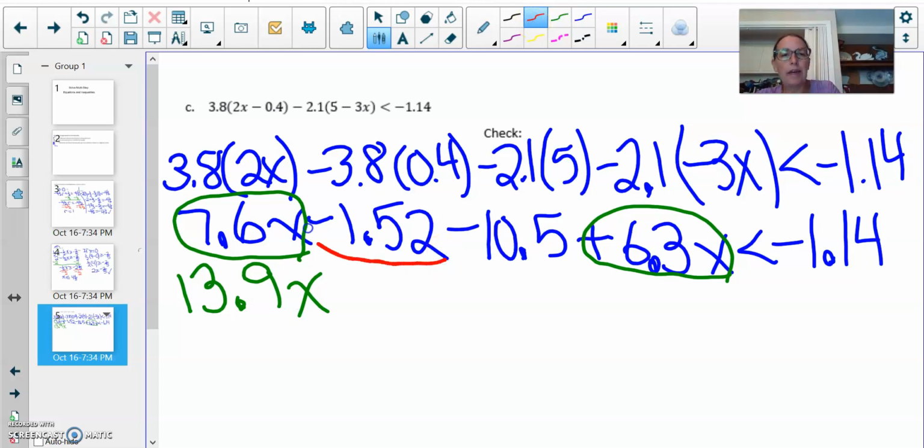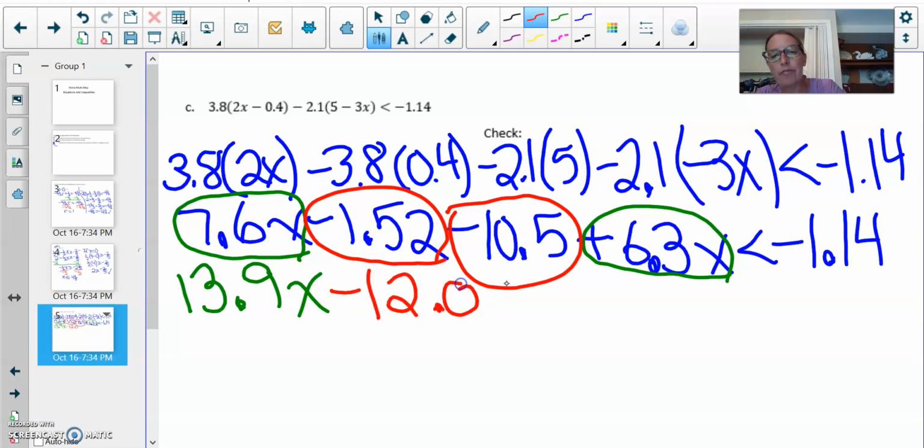We can also put together negative 1 52/100 minus 10 5/10. When I put those together, I get minus 12 2/100. And it's less than negative 1 14/100.